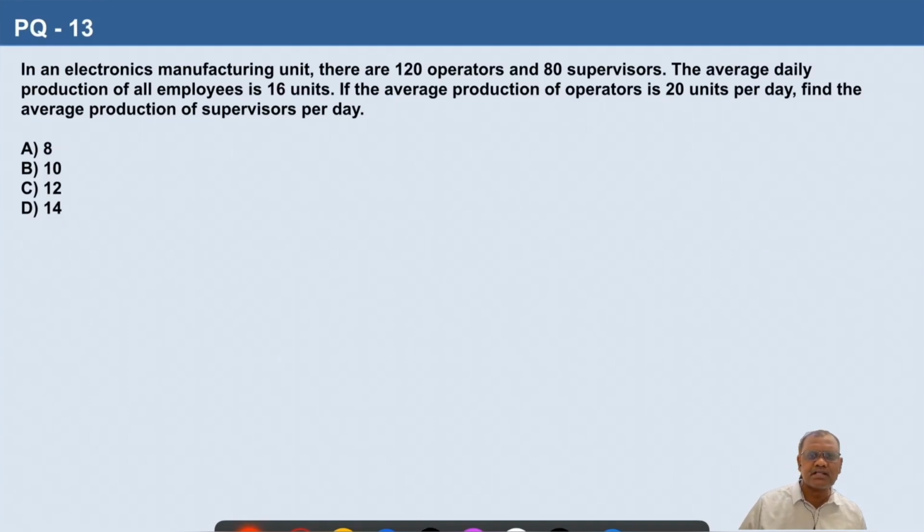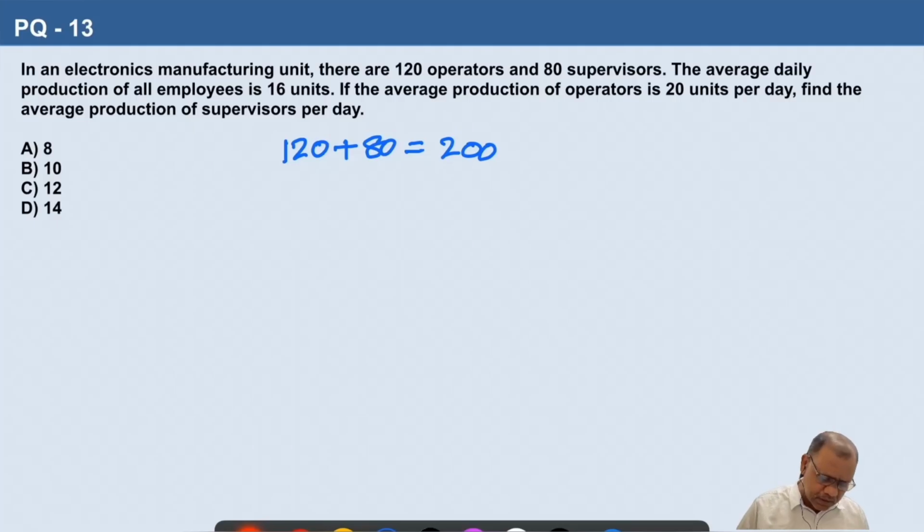Operators and supervisors together, it is 120 plus 80, total 200 people in the manufacturing unit. Their average production is 16 units per day.